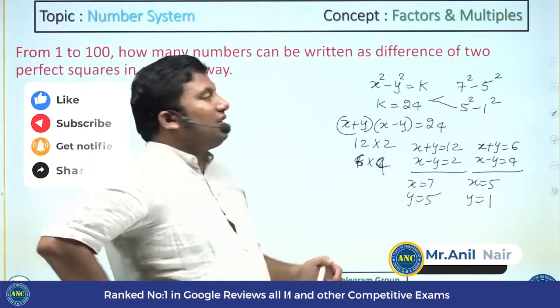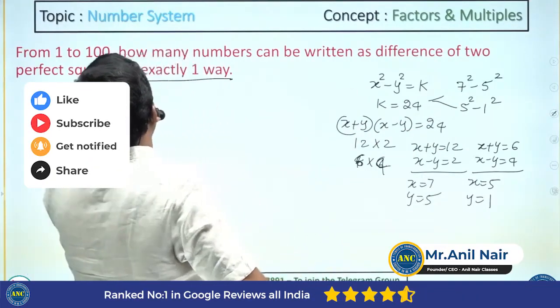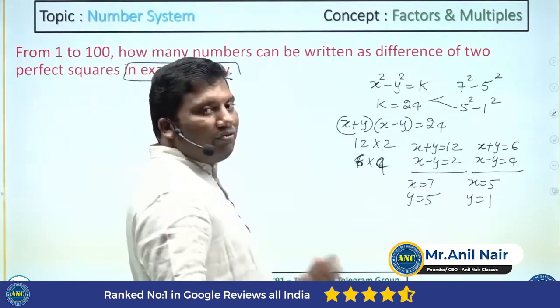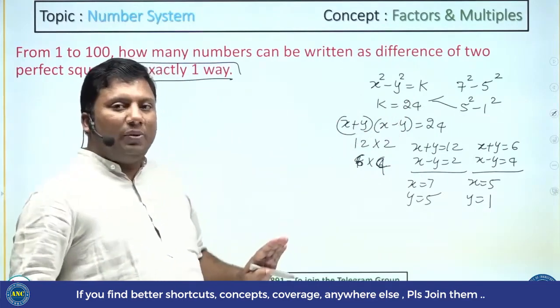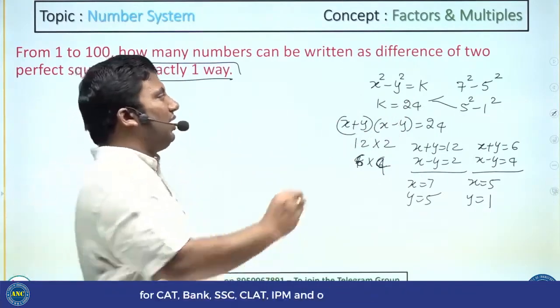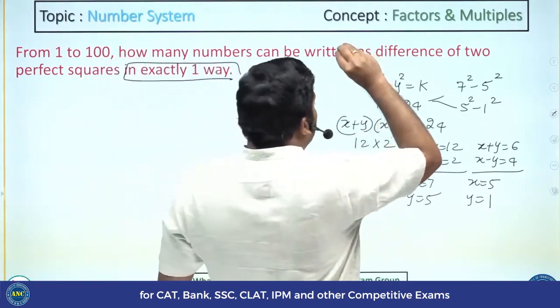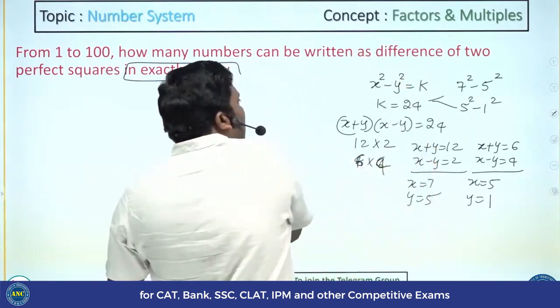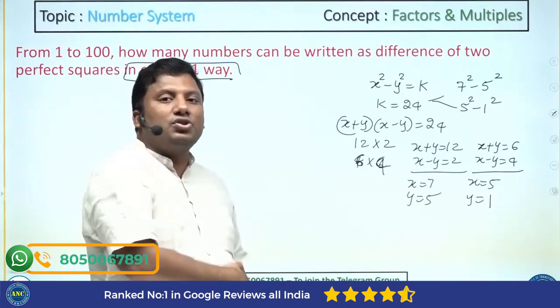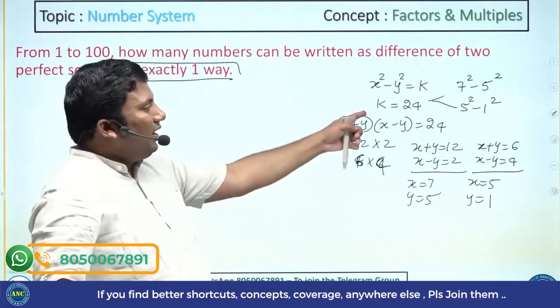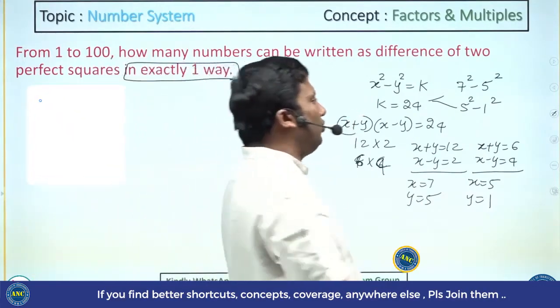But the question is, I need exactly one way. There should not be more than one way that the squares can be formed. I hope the question is clear. What values of k can come on the right hand side such that the difference of two squares can be written in only one way? Here I am able to write it in two ways.